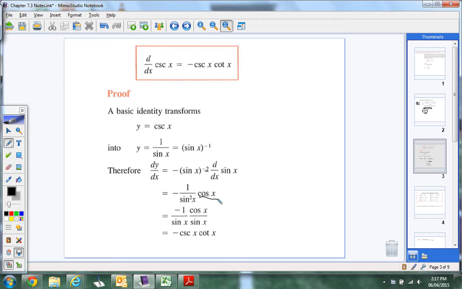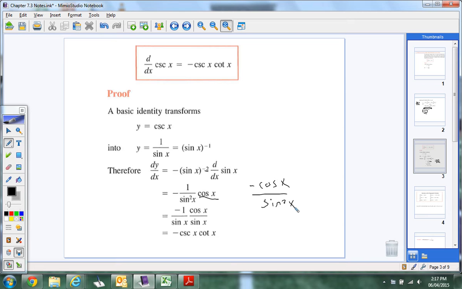Okay, and then what they do here is they break up, they put this on top. So what they do is they write it like this. This is kind of the tricky part. But then they take out one of the 1 over sines. We could write it cosecant squared, cosine, but this is the simpler way of writing it.